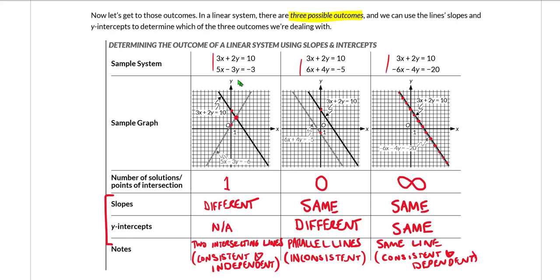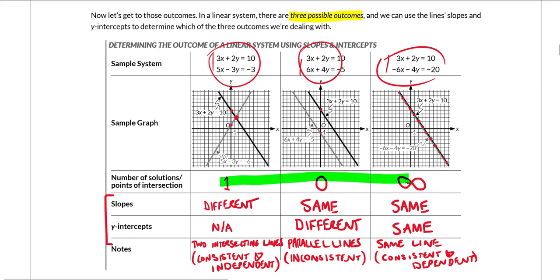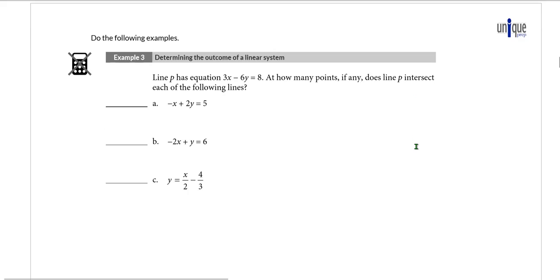If you have the equations of the 2 lines, you can find the slopes of those lines, you can find the y-intercepts of those lines, and you will know whether you are dealing with 1, 0, or an infinite number of solutions. These are the 3 possible outcomes for a linear system: 1, 0, infinite. On the next page, we are going to put this into practice.